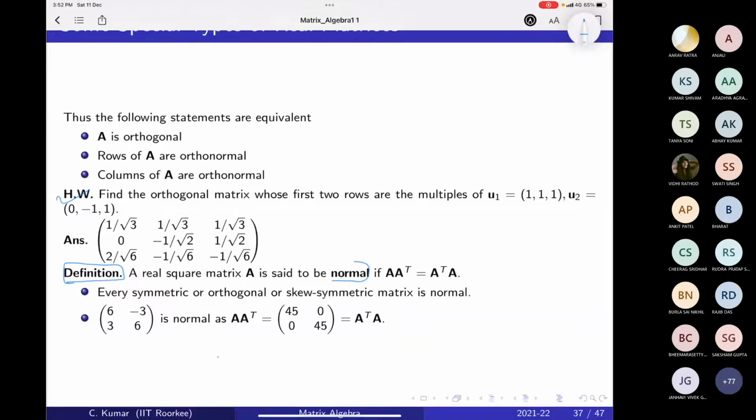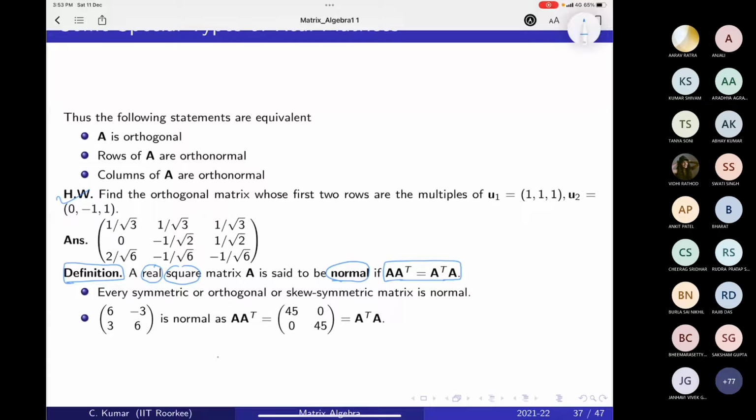is the normal matrix. So we have a real square matrix. This matrix is said to be normal if A transpose A is equal to A into A transpose. Then we say that the matrix is normal.